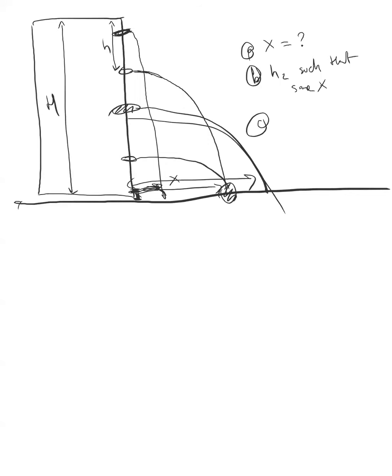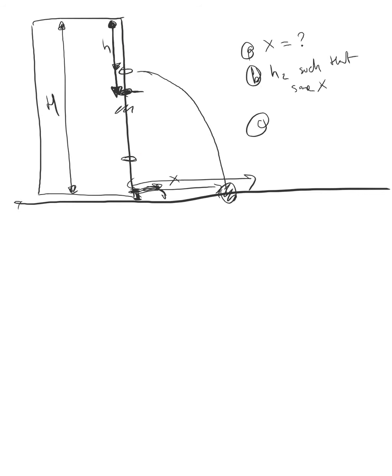Okay, so as I said, I'm not going to completely solve this problem, but I will at least partially solve it. So first of all, I want to forget about these holes. I want to find the exit velocity of the stream of water if the hole is some distance h away from the very top.